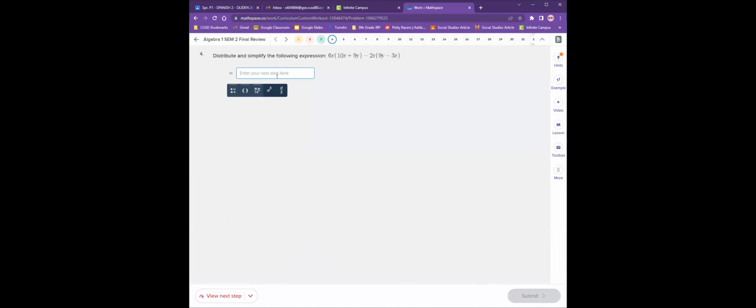Distribute and simplify the following expression. Okay, so then you get 60x squared plus 54xy minus 18xy plus 6x squared. Combine like terms if you can.